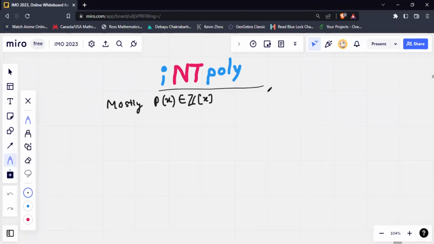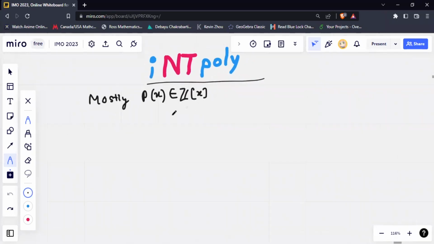Okay, we all know what polynomials are, right? And yeah, this was the prerequisite, so you should know. We will mostly study polynomials which have integral coefficients, and we refer to that by this notation. This means the coefficients are integers.